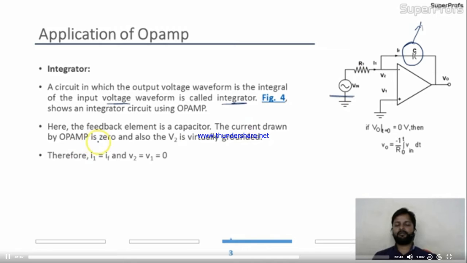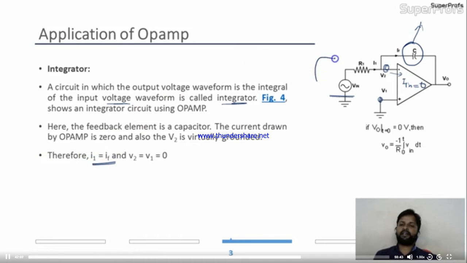The current drawn by the op-amp is 0 and also V2 is virtually ground. So whatever voltage is at V1, the same voltage will appear over here, and the current drawn by the op-amp is always 0. Okay friends? So therefore I1 is IF.